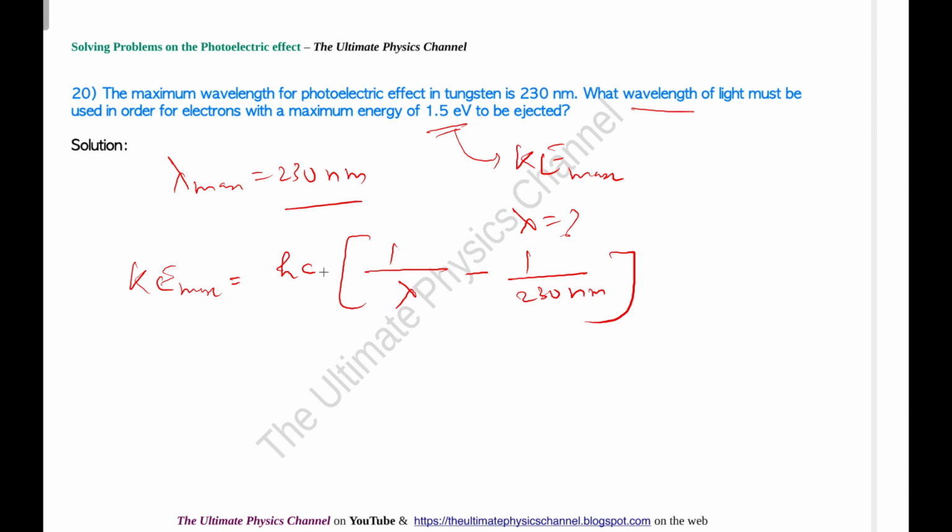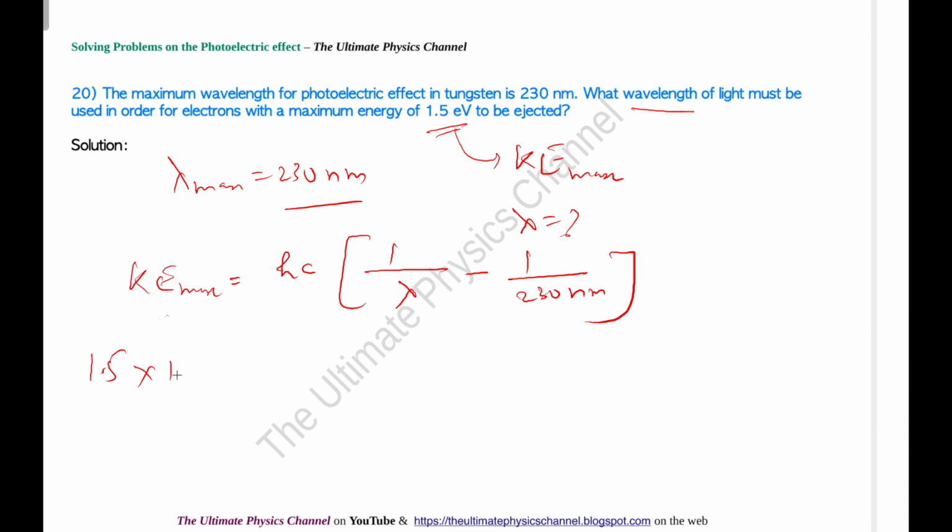So we can use all this. This is in eV, so we have to do an eV to joule conversion to finally get this out. We can retain these things on one side and then take this hc to the side and solve this easily. So Ke max is 1.5 eV.